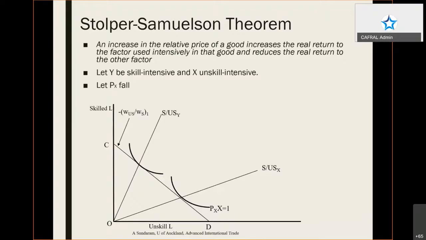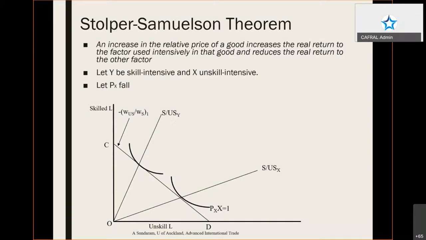Now, what the Stolper-Samuelson theorem then tells us is that because in countries like India the prices of footwear and textiles are going to go up, because that's their comparative advantage and they start exporting it, the factor that is used intensively in those types of goods, which is unskilled labor, is going to benefit, and the other factor, which is skilled labor, is going to lose.